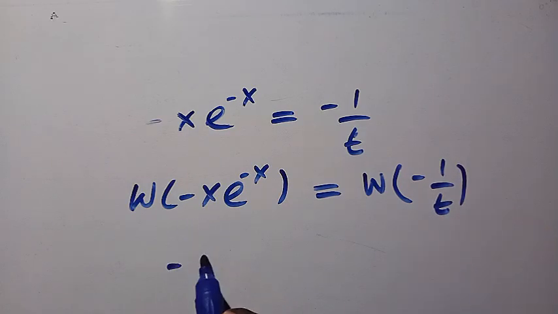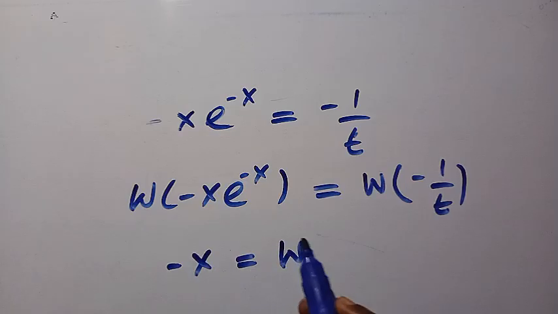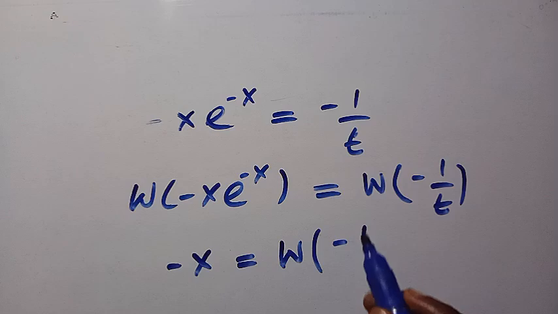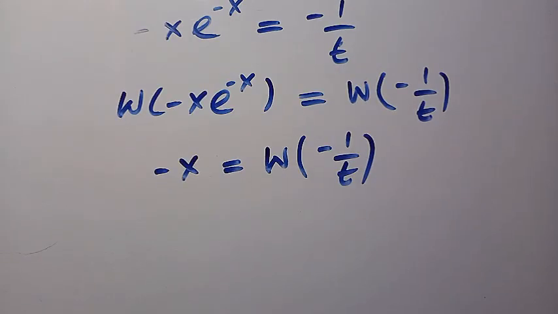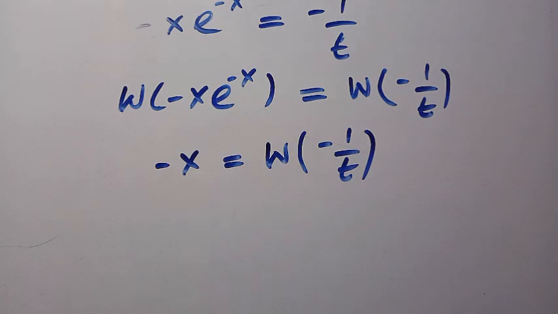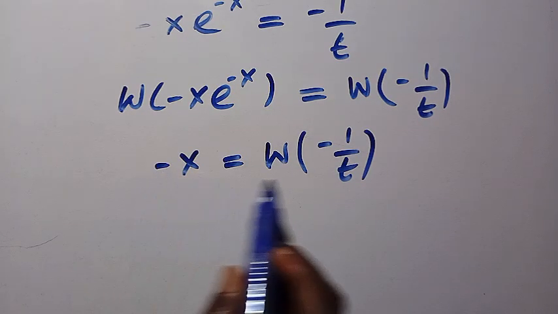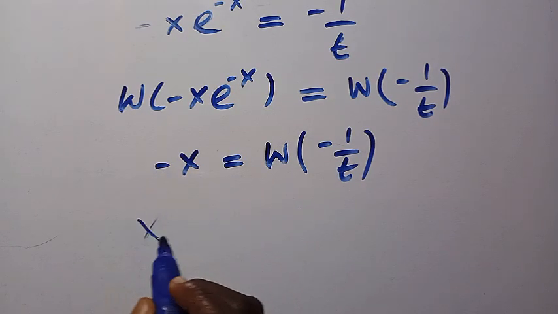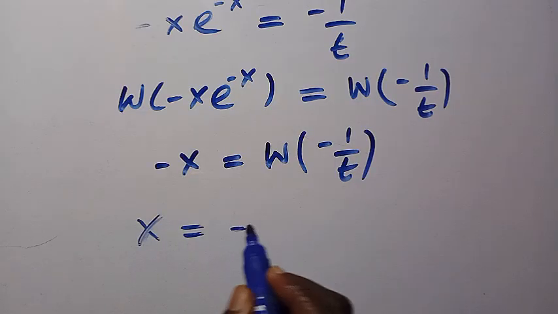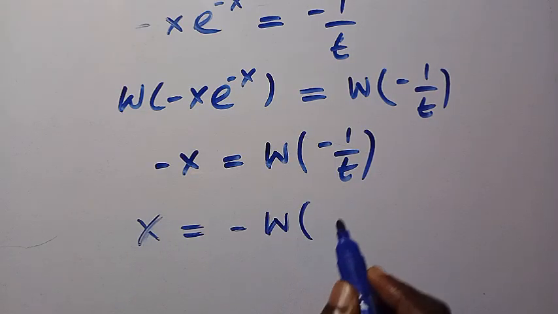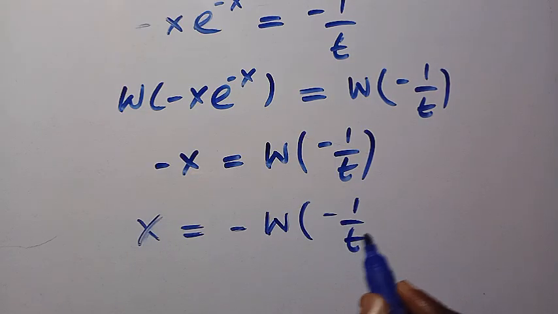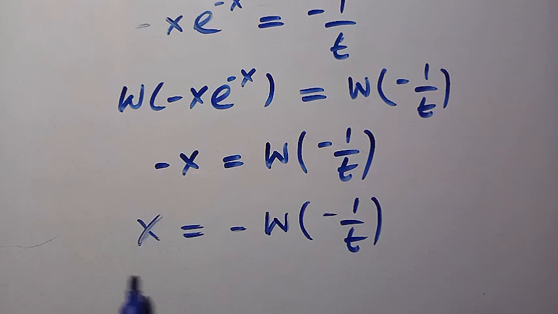By the formula, we have minus x equals the omega of minus 1 divided by t. After this, let's take the negative to that side. We have x equals minus omega of minus 1 divided by t. This is x. We have made x the subject of the formula.